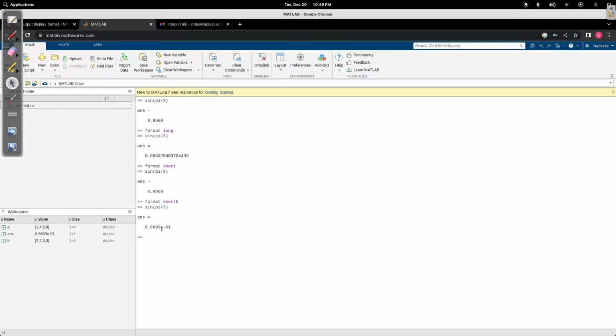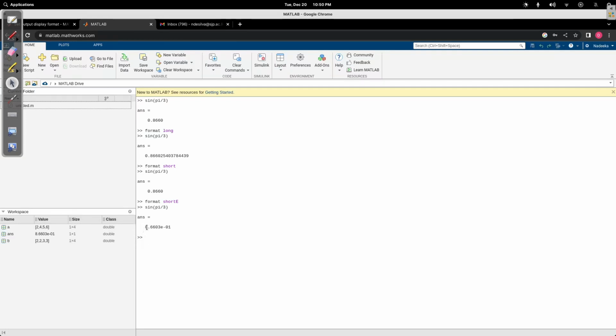Okay, here e to the negative power 1. So that is 10 raised to negative 1. Okay, 8.6603 times 10 to the negative 1.